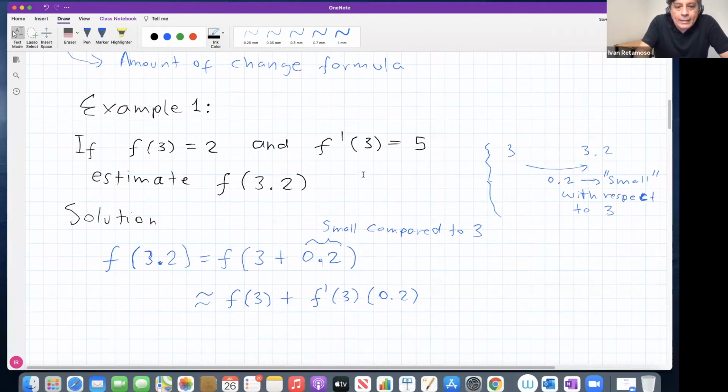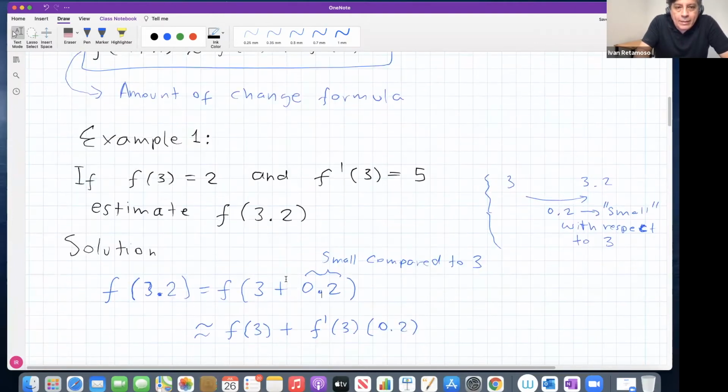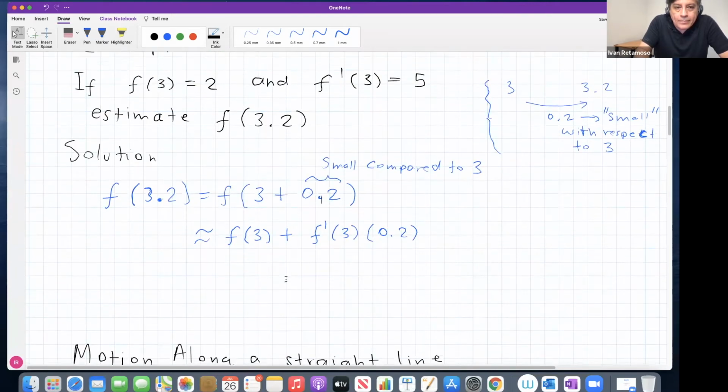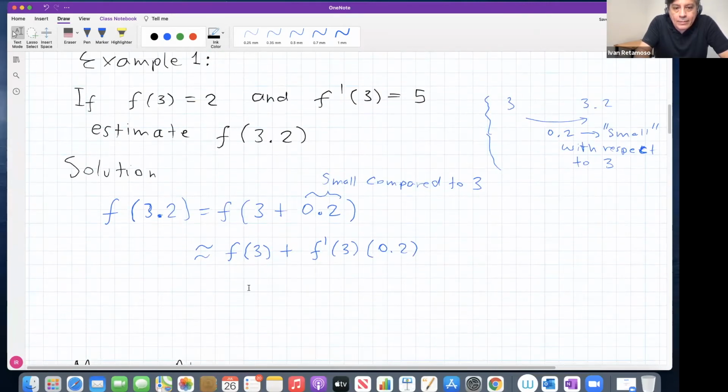Okay, and these are given, they are both here. f of 3 is 2, I know this. f prime of 3 is 5, I know that. So I can compute this, I can estimate nicely this f of 3.2.